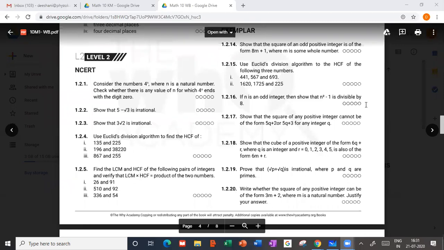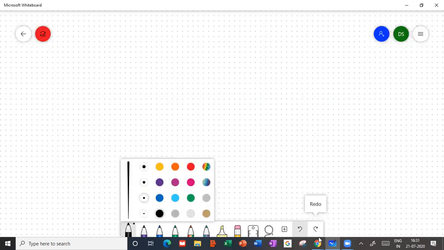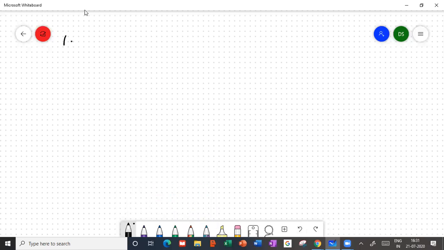Okay, so check whether there is any value of n for which 4 to the power n ends with the digit 0. So they have given you the number as 4 to the power n. Just by looking at it, you can say it.